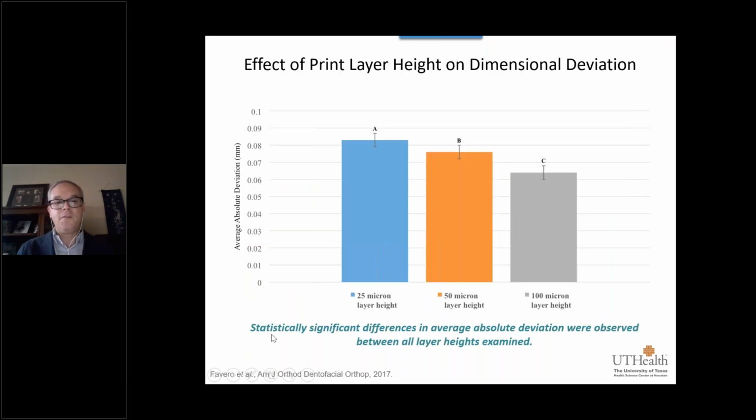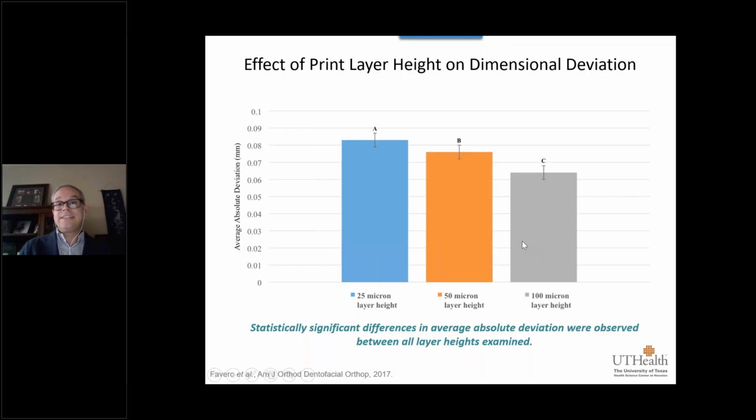One of our first studies in this space, which was reported in the American Journal of Orthodontics and Dentofacial Orthopedics in 2017, investigated the effect of print layer height on dimensional deviation of 3D printed dental models. In this case, we changed the thickness of the layers of material being printed from 25 microns to 50 microns to 100 microns and printed models at each of these layer heights and compared the dimensional deviations.